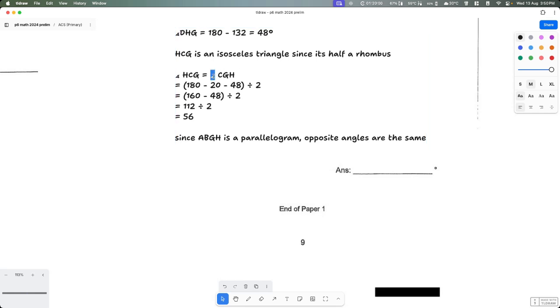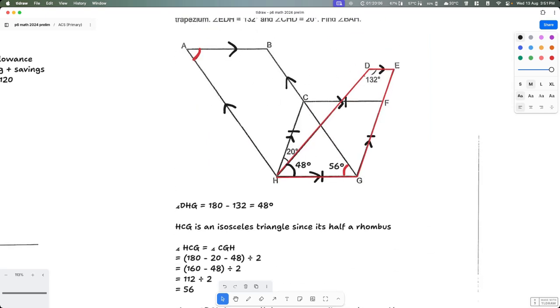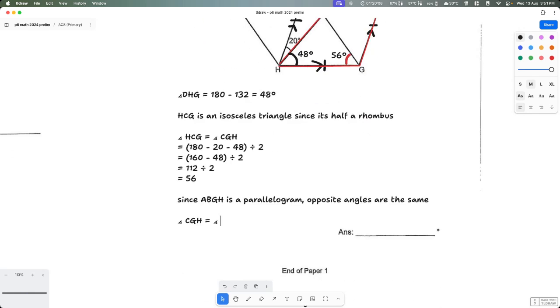So angle CGH is equal to angle ABH, which is 56 degrees. I'm going to copy this and paste it below. And that's the answer. This is 56 degrees.